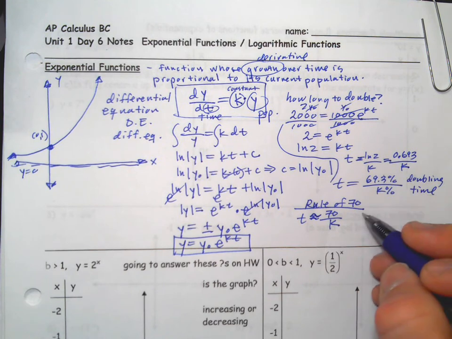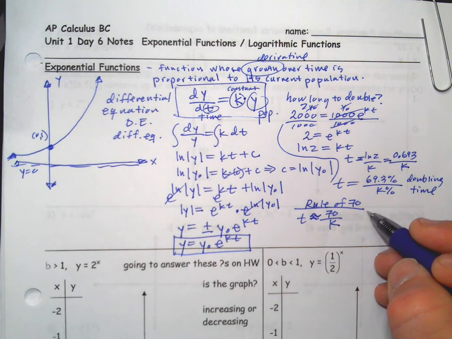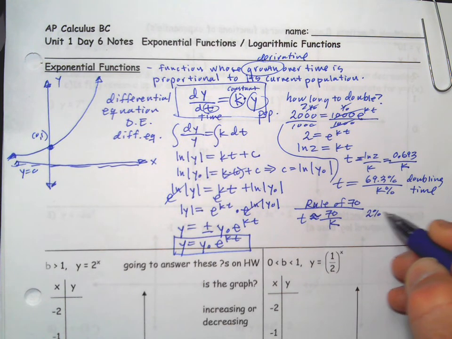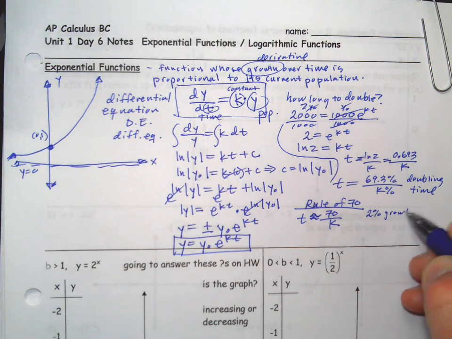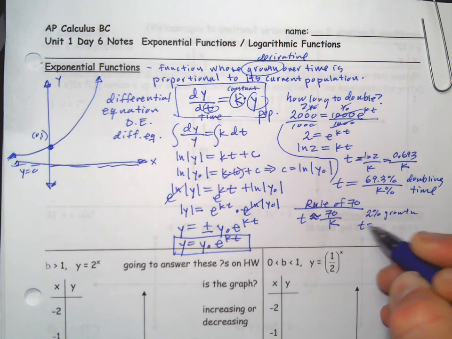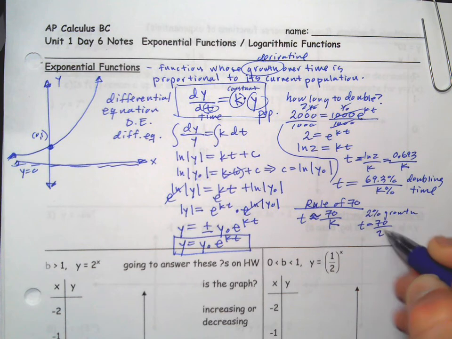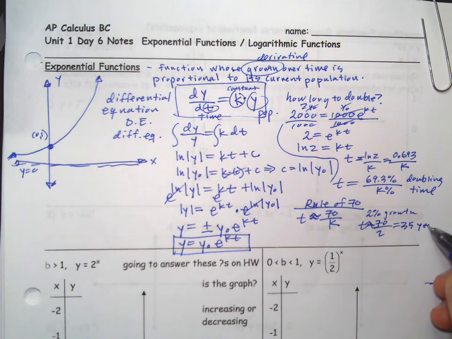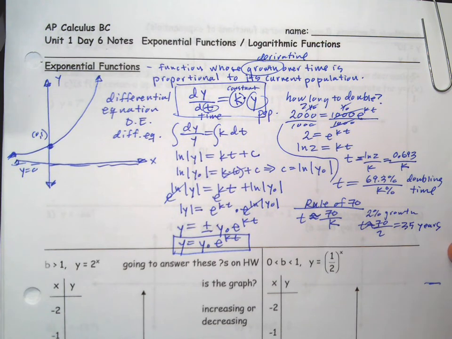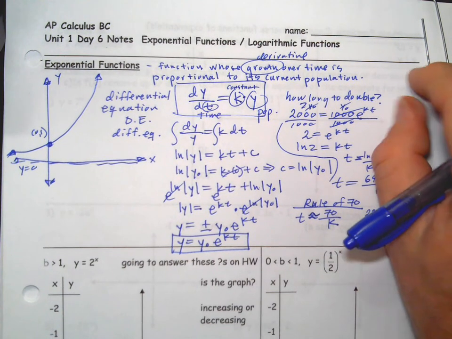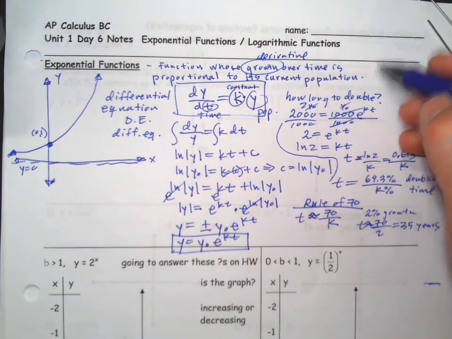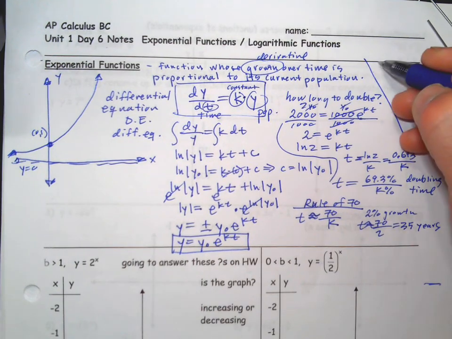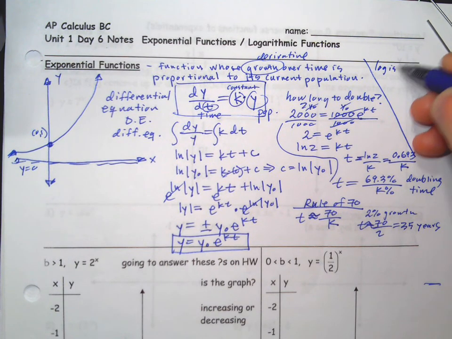So for instance, if it were 2% growth, then the doubling time would be about 35 years or whatever. So rule of 70.